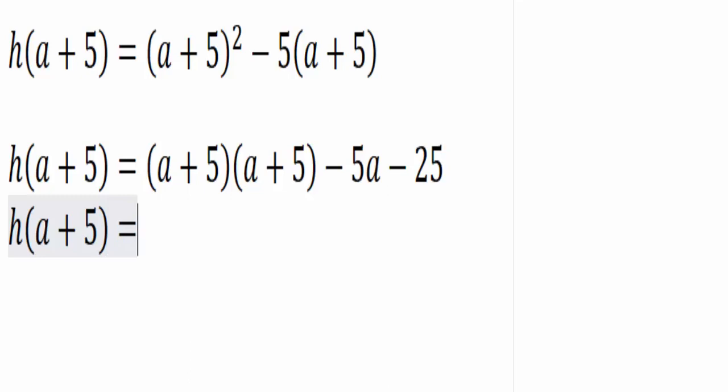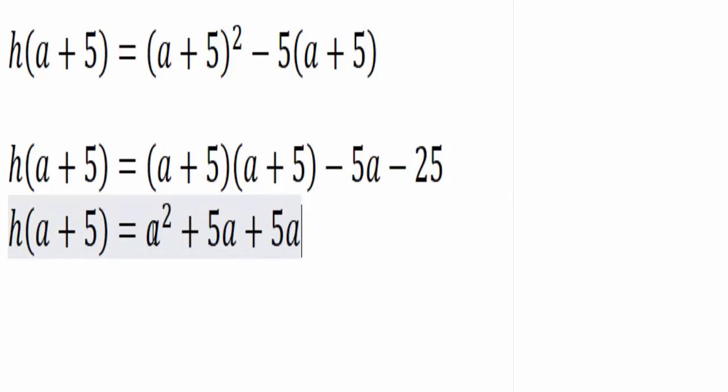So that gives us a squared plus 5a plus 5a plus 25, and then we still have the minus 5a and the minus 25 from before, and now we can combine all of our like terms.